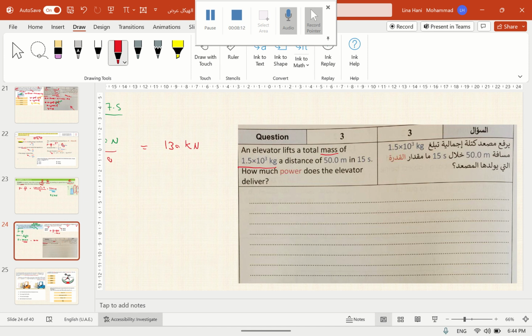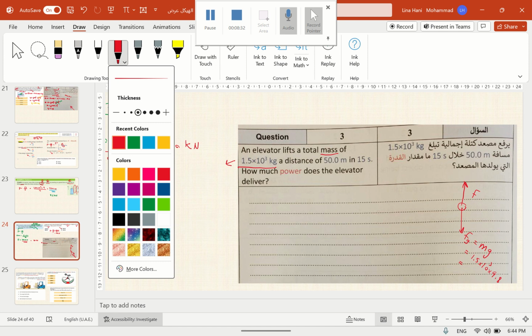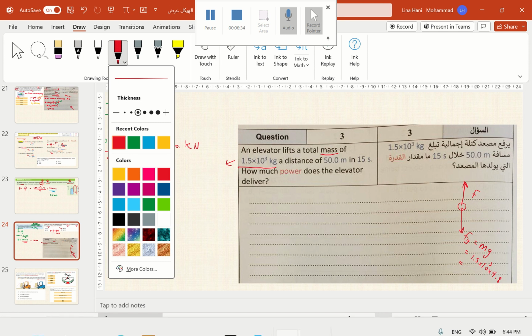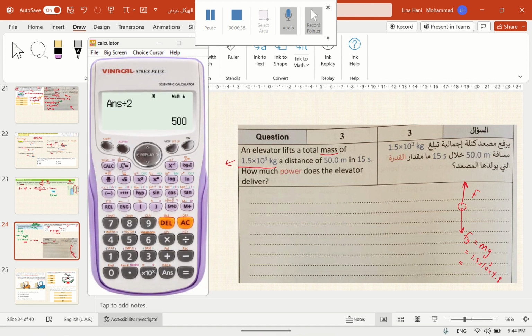So first thing, if I need to lift an object upwards, I need to apply a force on it equal to its weight. Now given is not the weight of the object, given is its mass. So its weight is equal to mg. So multiplying 1.5 times 10 to the power of 3 times 9.8 gives you the weight of the object, which is the force applied by the elevator to lift that weight.